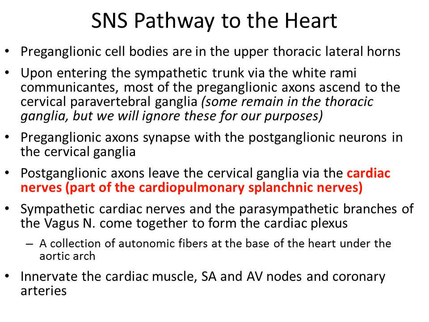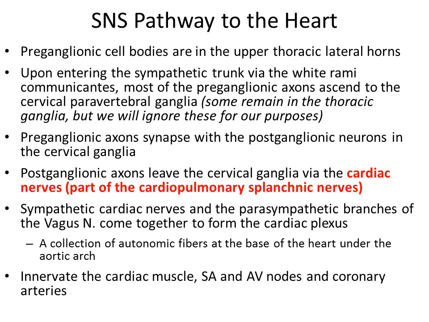Our next target is the heart. The preganglionic neuron cell bodies again will be located in the upper thoracic lateral horns. The preganglionic axons will leave through the ventral root, enter the spinal nerve, go to the ventral ramus, and then leave the ventral ramus to enter the sympathetic trunk via the white ramus communicans.